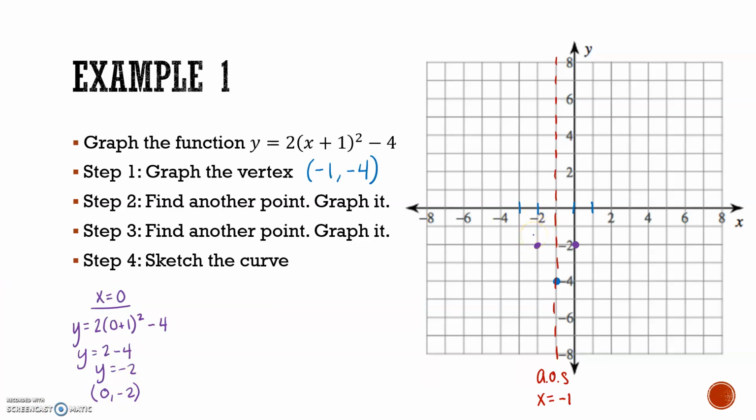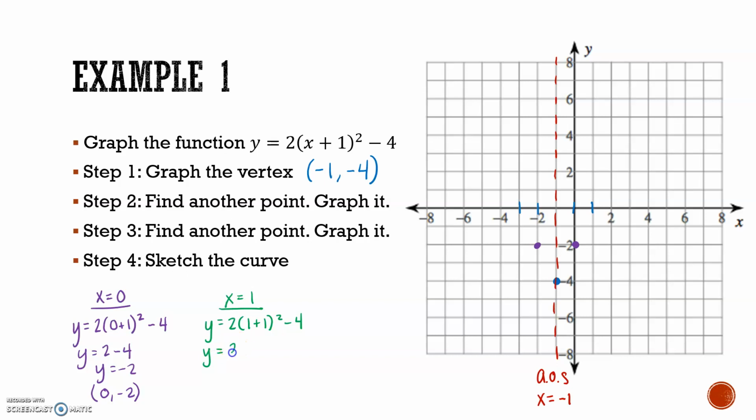All right, next I need one more point because I need 5 points total. So if I plug in x equals 1, then I'll have the value at x equals 1 and its reflection, which gives me a total of 5 points. So I'm going to get y equals 2 times (1 plus 1) squared minus 4.